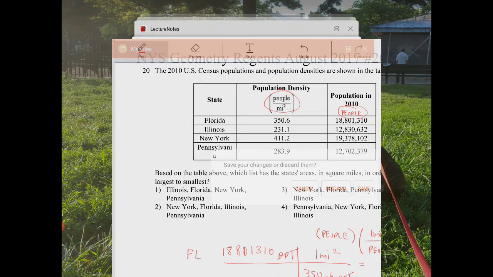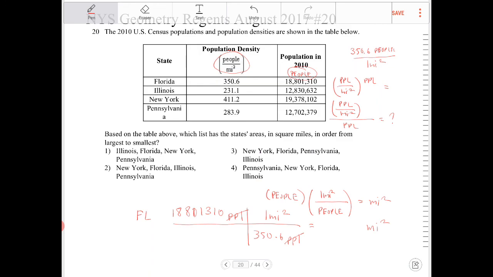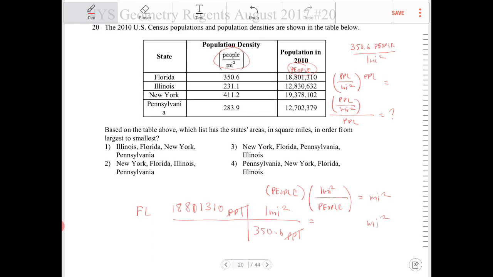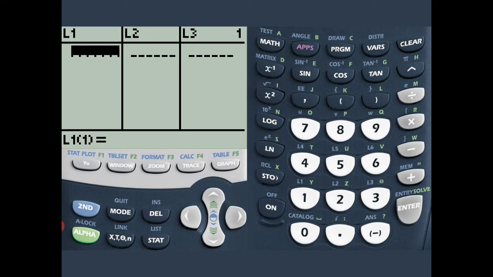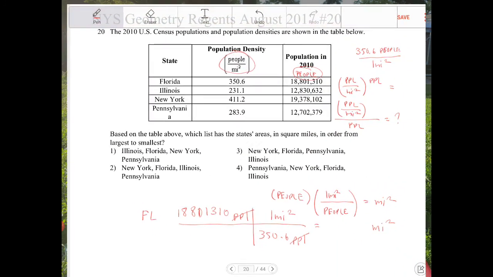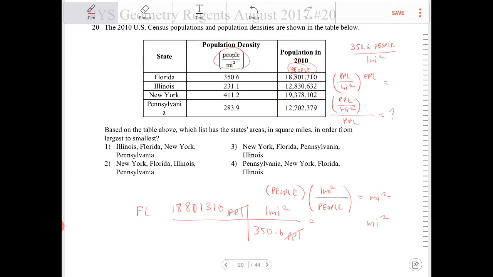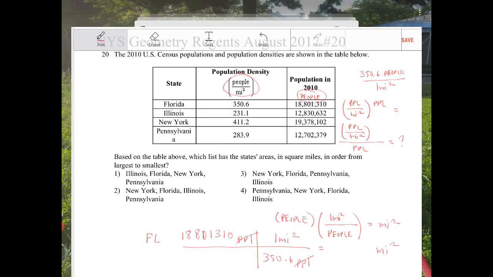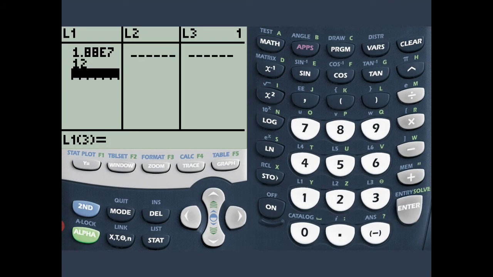So I'm going to enter 18,801,310. I'm going to do the same thing with the next one, and that is 12,830,632.